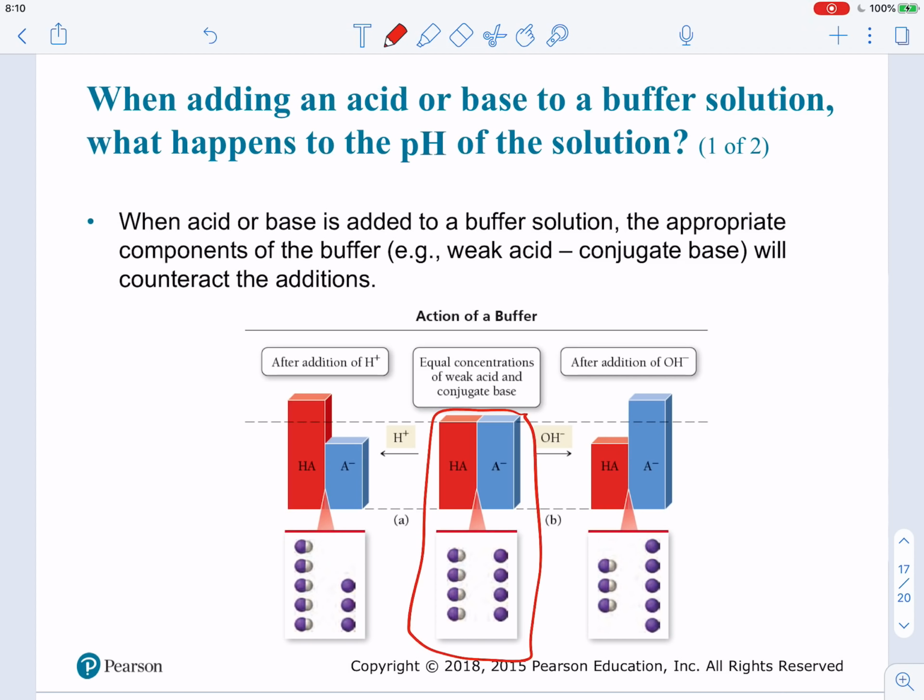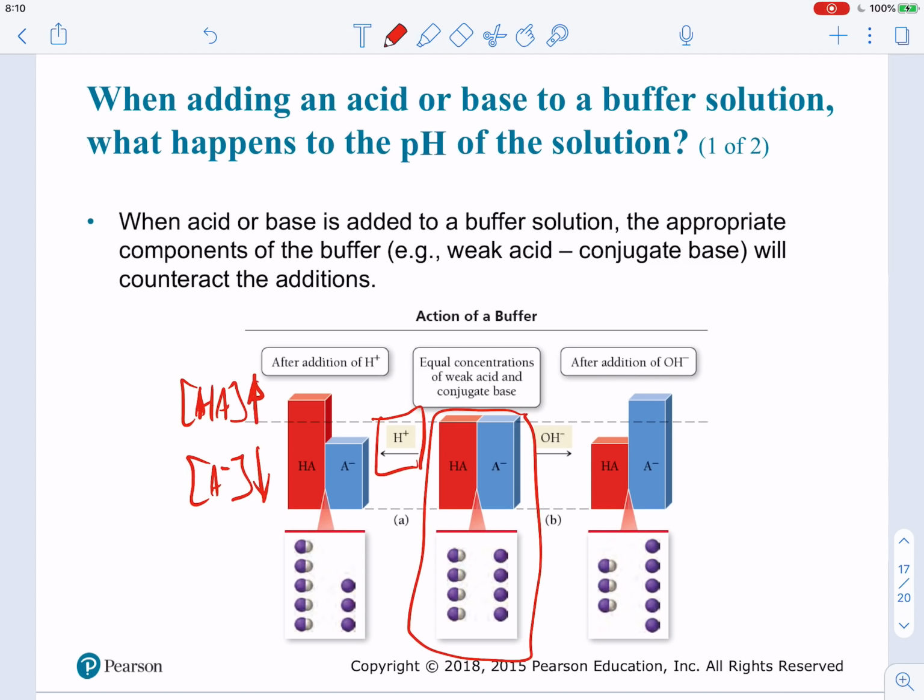If you add acid, you increase the concentration of HA, and you decrease the concentration of A minus. You can say that H plus is reacting with A minus, or you can use Le Chatelier's to indicate, well, if you are adding H plus, remember H plus is a product in the acid equilibrium, then you will consume the A minus in order to decrease the concentration of H plus that you are adding.